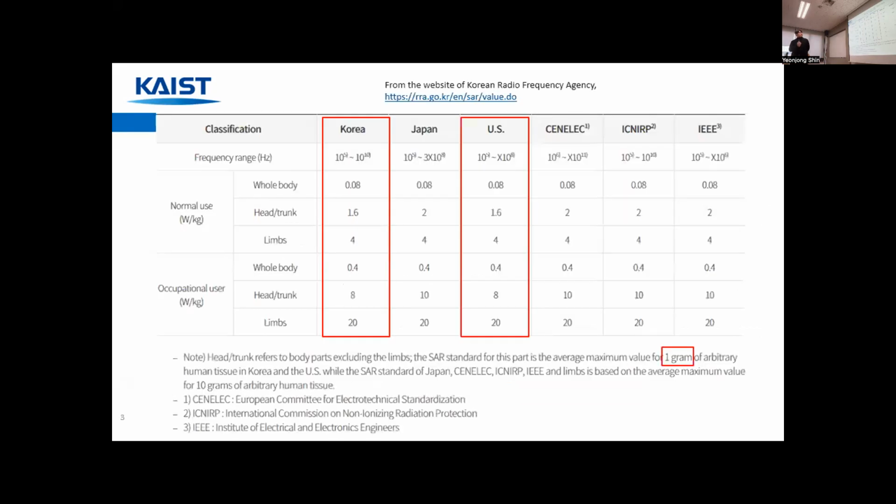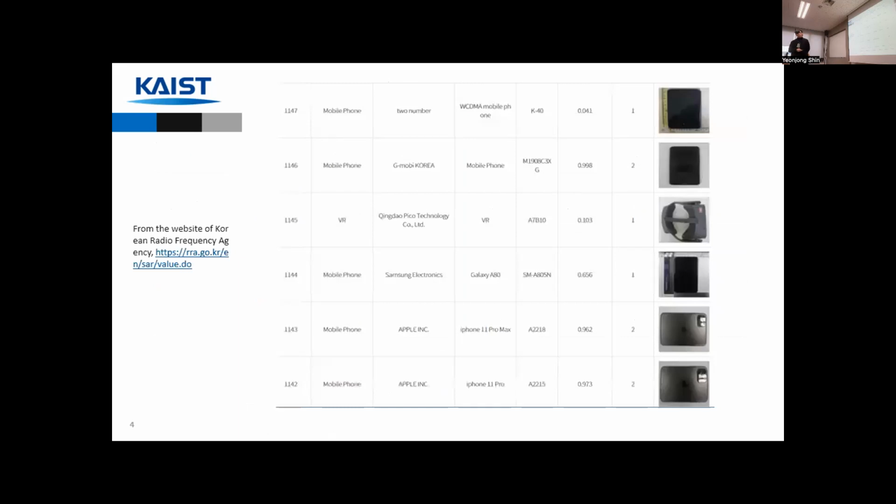From this table, we can show that there is some legal limitation in each country. In Korea, we use the same limitation as the US SAR limitation. We can also check the SAR value on this website. Even if you use an iPhone, we just put the cell phone number in this website, then we can check the SAR value.